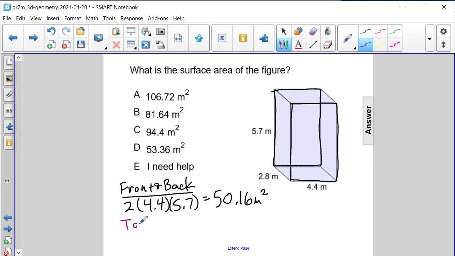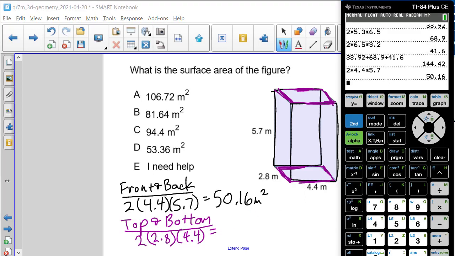Now let's look at the top and the bottom. So the top and bottom has dimensions of 2 8/10 meters and 4 4/10 meters. So we're going to multiply those 2 values together. 2 8/10 times 4 4/10, and there are 2 of these faces.